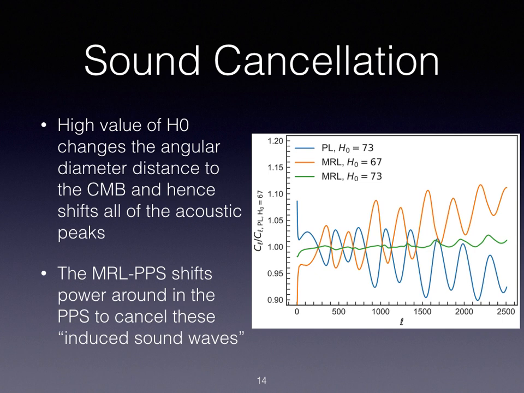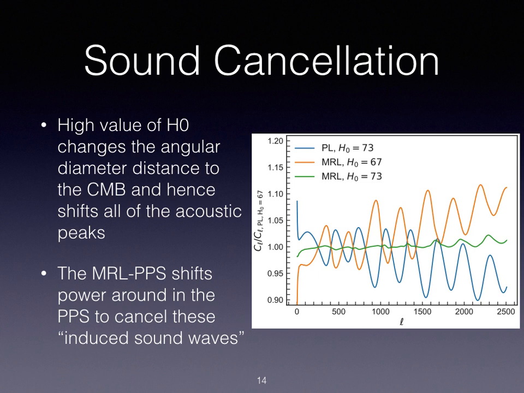The effect relative to the best fit lambda CDM model of changing H0, changing the primordial power spectrum, and changing both, are shown here in this figure. The figure shows plots of C_ls for a power law lambda CDM model with an H0 of 73.5 in blue, an MRL model with H0 of 67.8 in orange, and an MRL model with H0 of 73.5 in green.